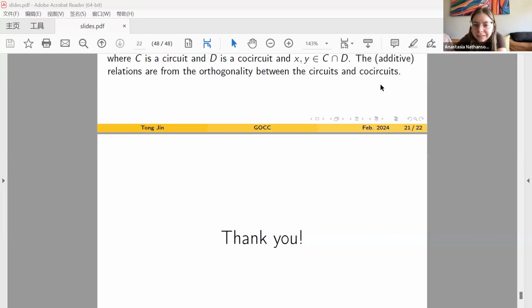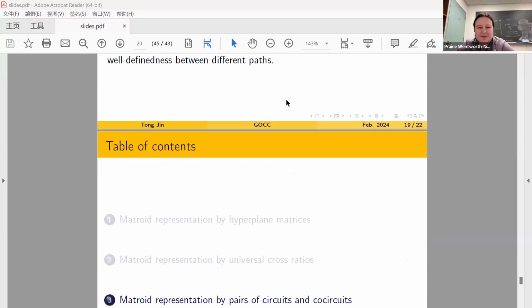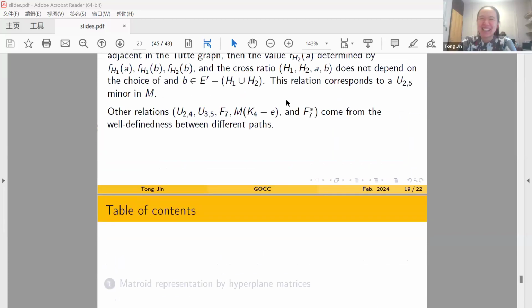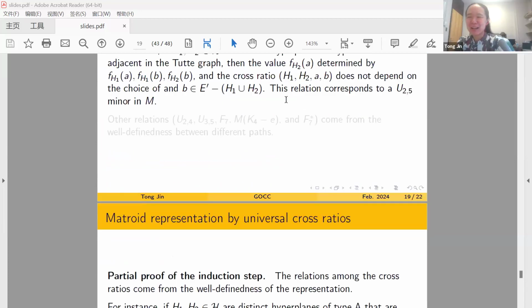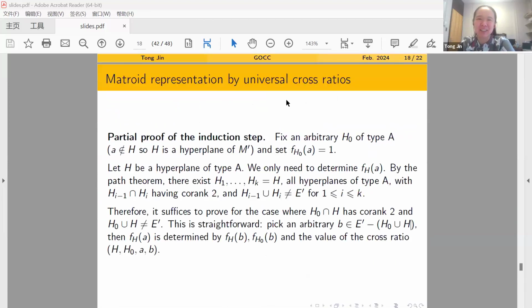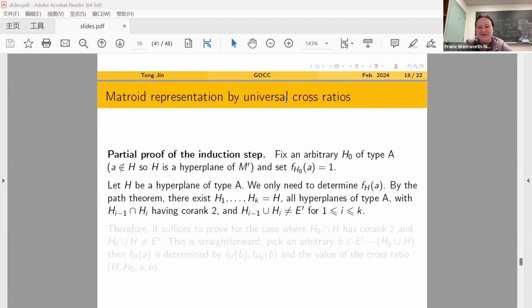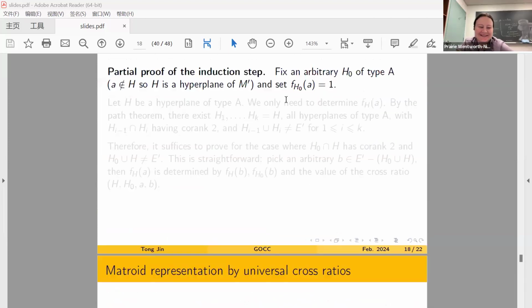Yeah. Questions? I had a question, which is your chi M of p. That's the notation I'm used to for the characteristic polynomial of a matroid. Is it related to that? It is not the characteristic polynomial. It's not a polynomial. I just didn't know if it was related in any way.